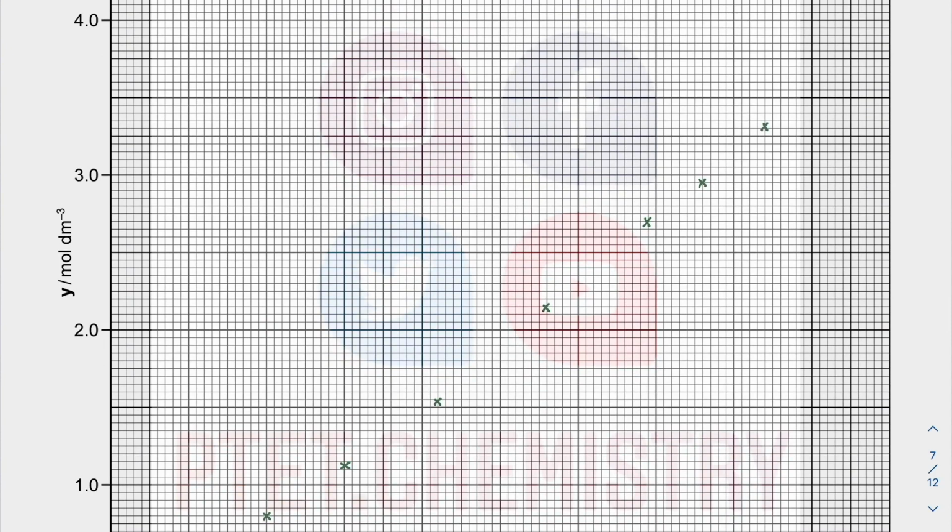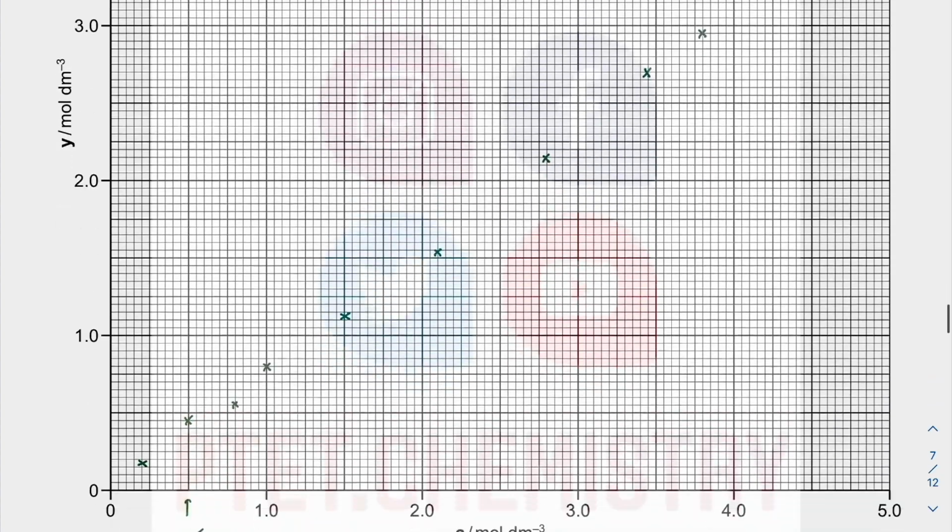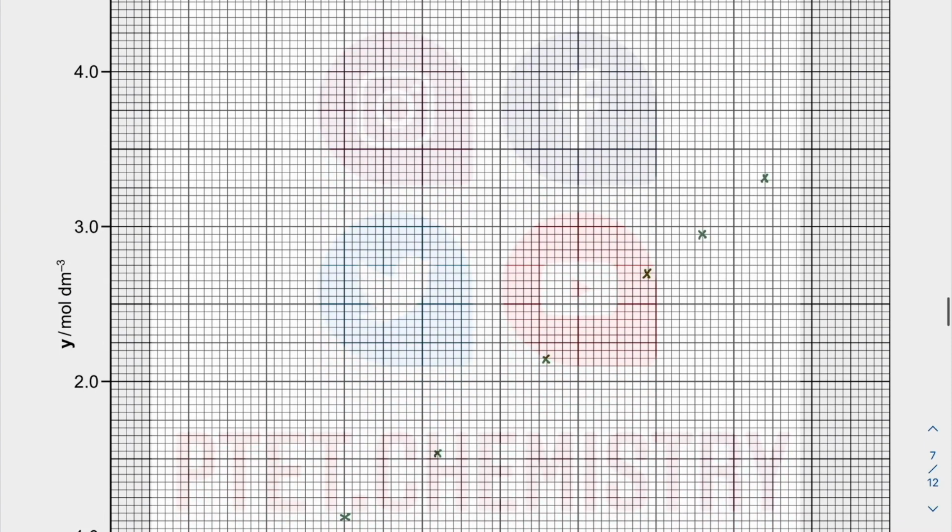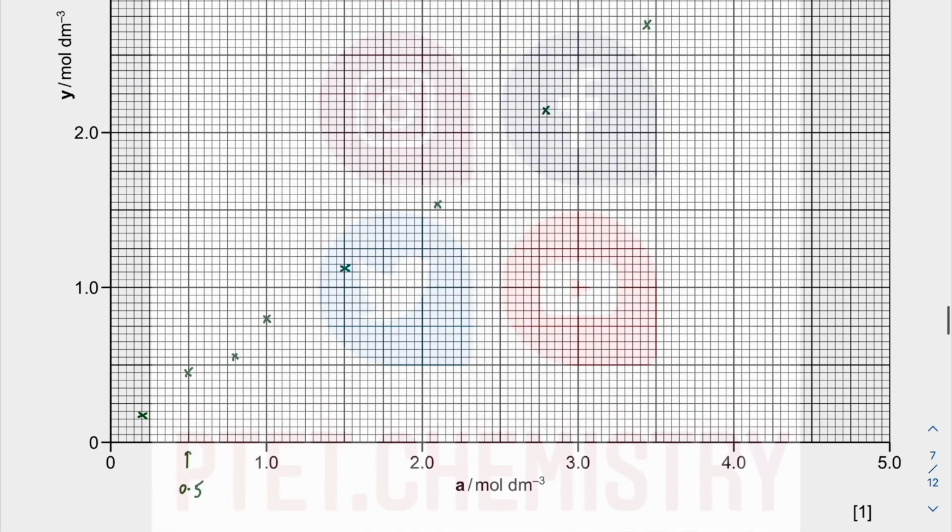And lastly 4.9 and 3.75. That is 3.5, and between 3.5 and 4.0 the middle bit is 3.75. Then 4.9 is just 2 small squares before 5.0, because that is 4.5, so 2 small squares before that is 4.9.